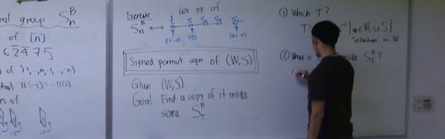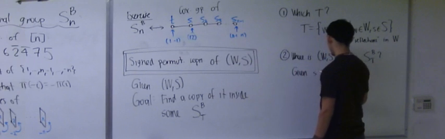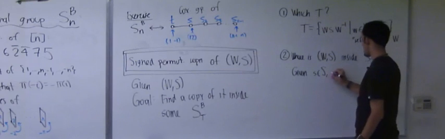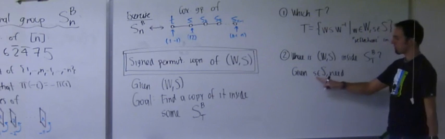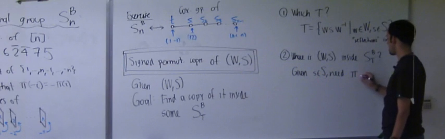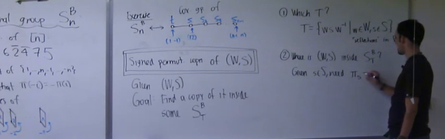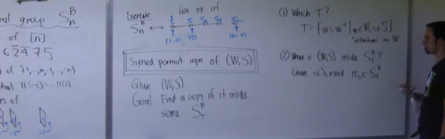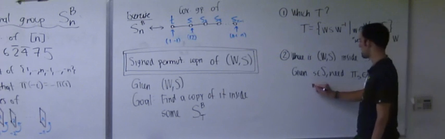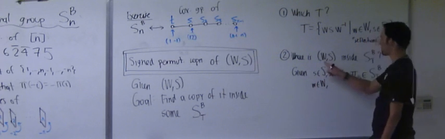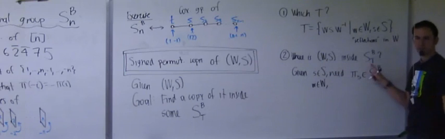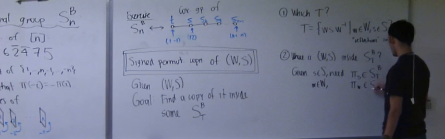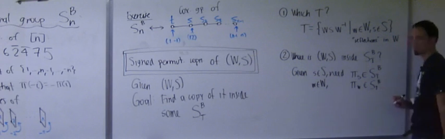So in general, what I need to do is, given each one of these generators, I need to decide where I'm going to send it inside here. Okay? And given any element of my group W, I want to decide where that element lives inside here. Okay?